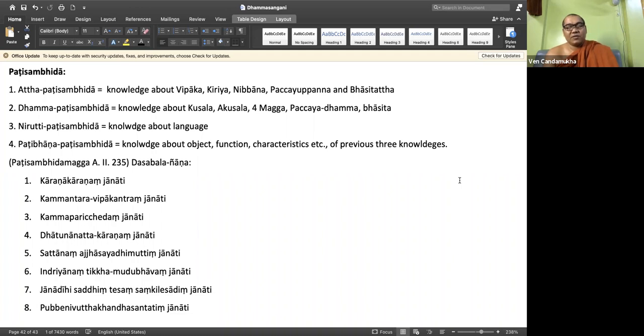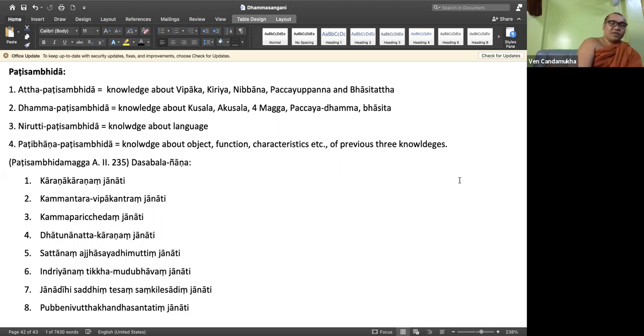With this knowledge, the Buddha can know the object of the Atthapatisambhida, the function, characteristic, etc., of the Dhammapatisambhida and Niruttipatisambhida. These are also explained in the Patisambhida Magga commentary. This kind of explanation we can have. That is for you to refresh your own knowledge about the Patisambhida.